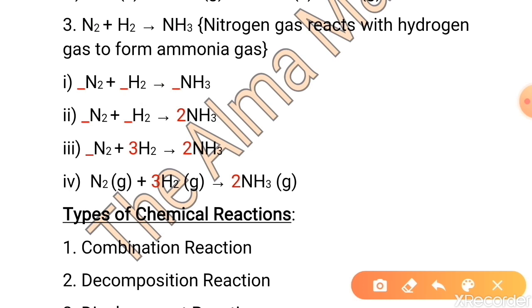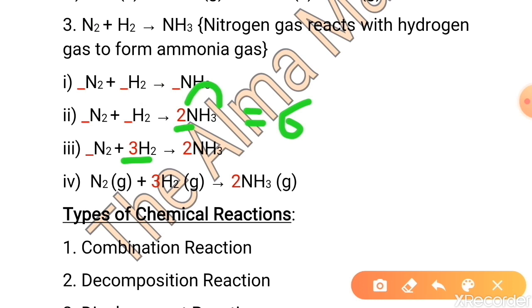Starting from nitrogen, we have placed a 2 in front of it in order to balance the nitrogen. Now students, when 2 multiplies 3, you will get answer 6. It means on the right hand side you are having 6 hydrogen atoms. In order to balance the hydrogen on left hand side, you have to place another 3 so that your reaction can be balanced.